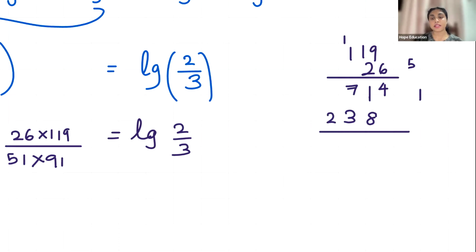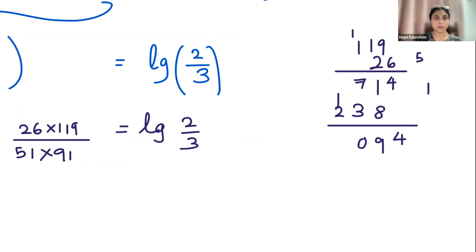So 4, 8 plus 1 is 9. 7 plus 3 is 10. Here we get 3094. So we will write 3094.